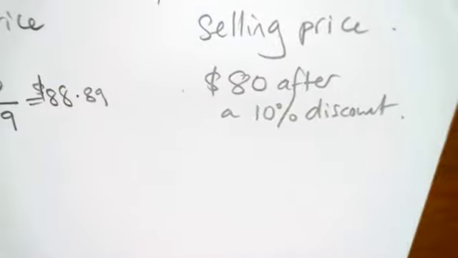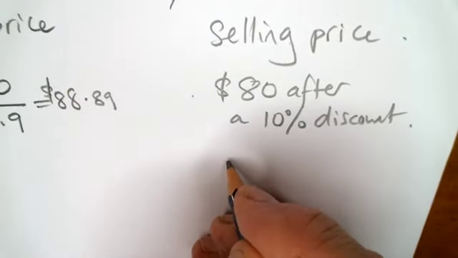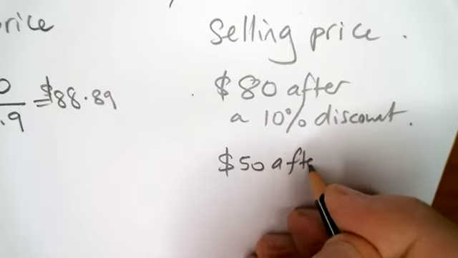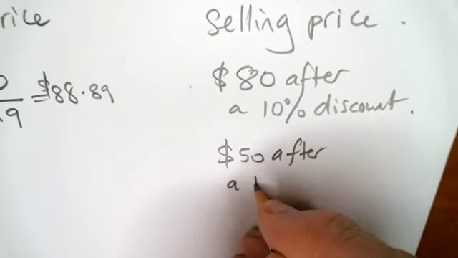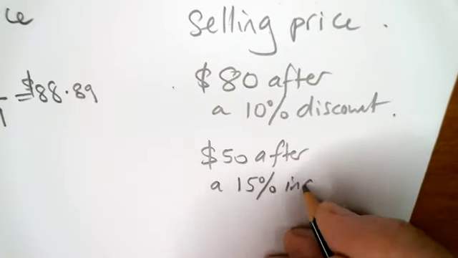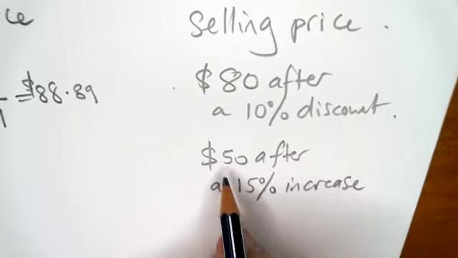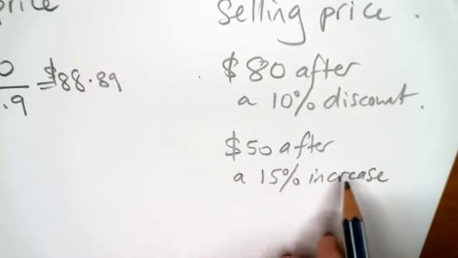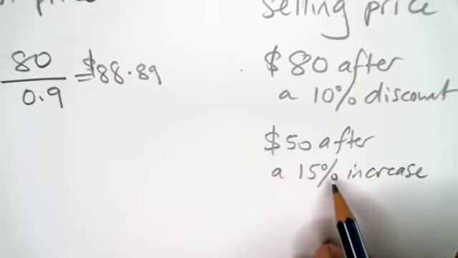Let's say the selling price is $50, and it's after a 15% markup or increase. Well, how do we write a 15% increase? We multiply by 1.15.